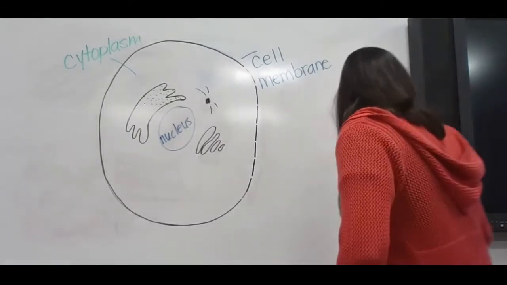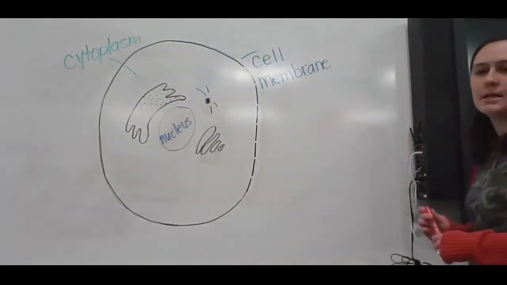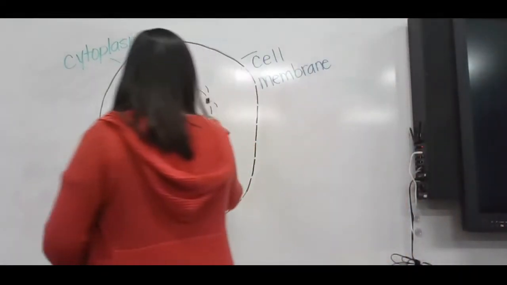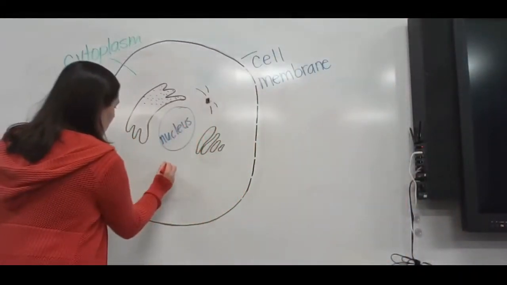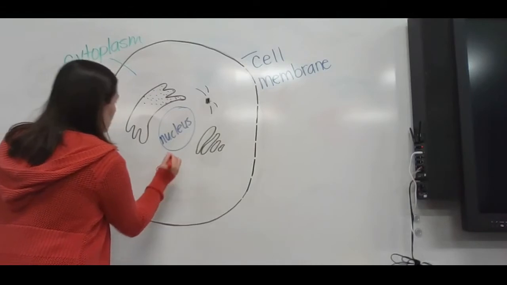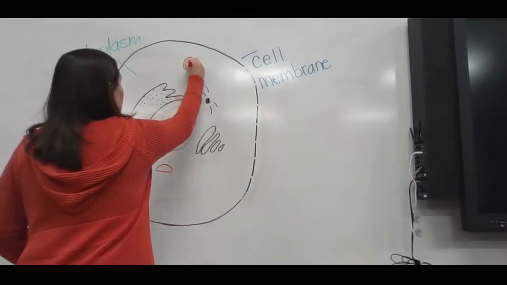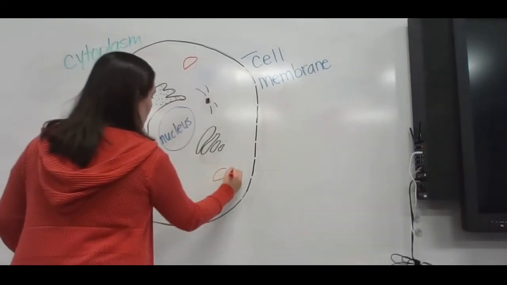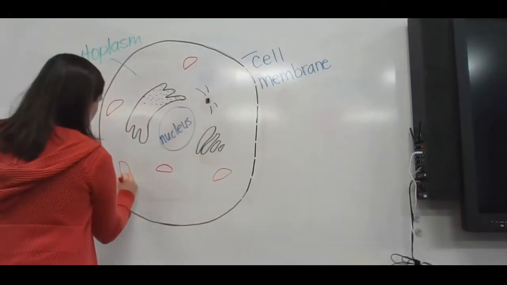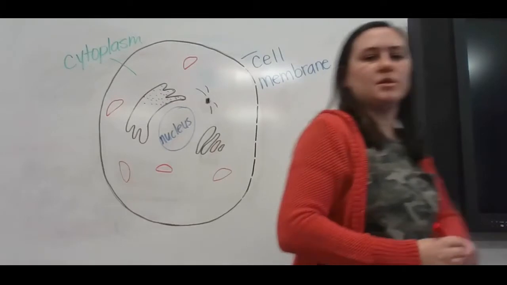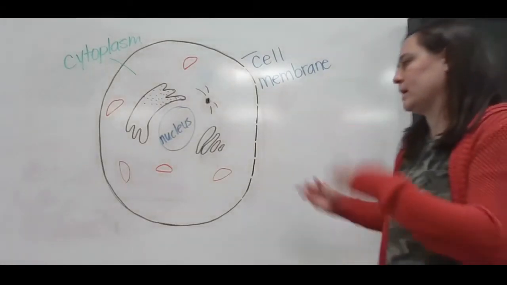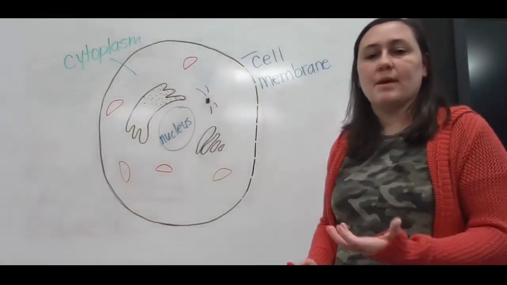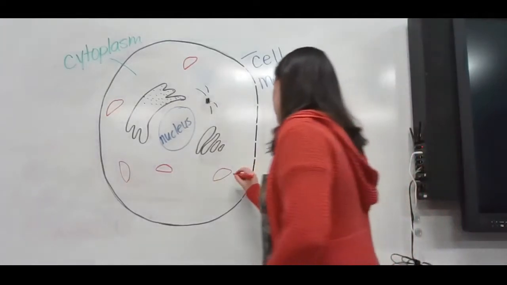The next one, do a different color, that I want to talk about, I'm going to draw in a bunch of different places, and I'm coloring it, I'm making it red. And this is called the mitochondria.